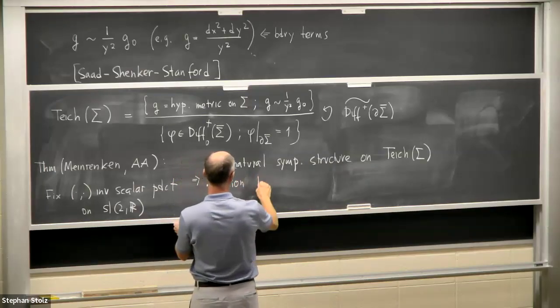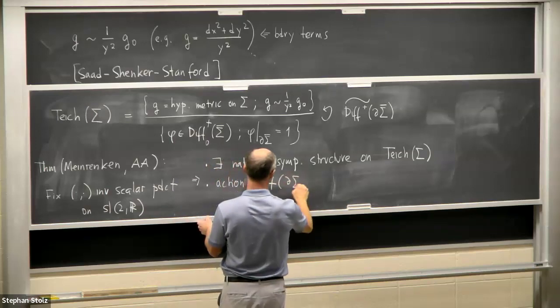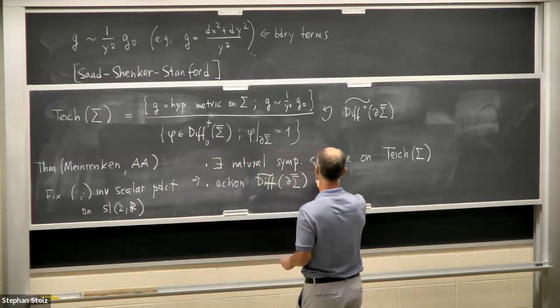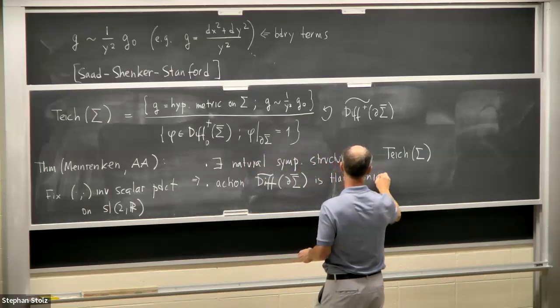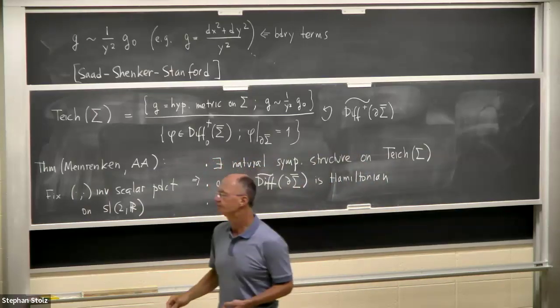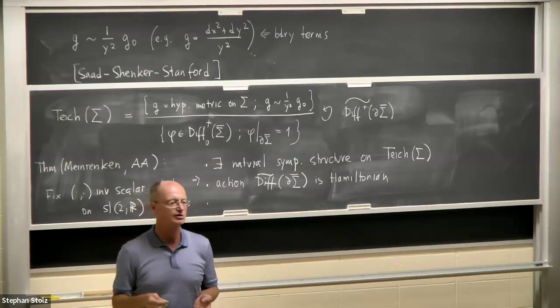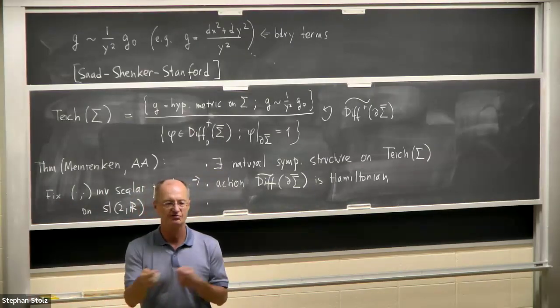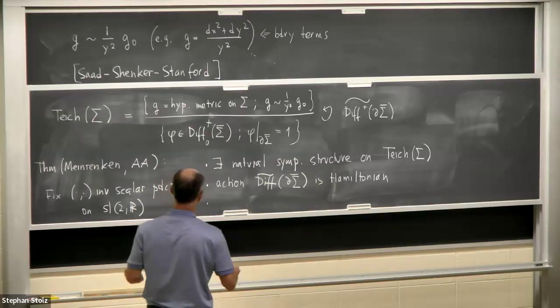So the action of the universal cover of Diff of sigma bar is indeed Hamiltonian. And remember from the beginning of the talk, right? Once you have a Hamiltonian action, then there is a question, maybe you have a central extension, or maybe you don't have a central extension, right?